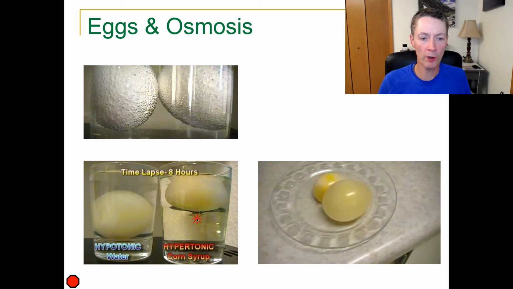Okay, so pure corn syrup, really thick, sugary solution, hypertonic, and you let it sit. What you will find is that you'll end up with something very much like you see in this little video, and I just took a clip of it here, but it'll show you how bouncy and full of water the egg that was put in the hypotonic water solution will be, versus this other one over here.